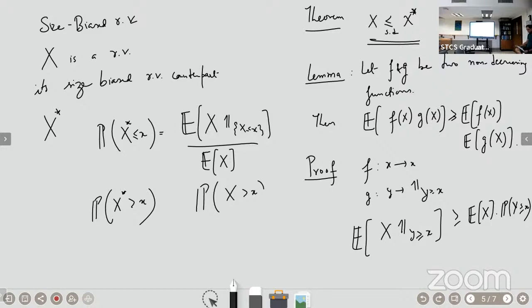We write the indicator of x less than x as 1 minus the indicator of x greater than x. The probability that x star is greater than x is greater than or equal to the probability that x is greater than x.